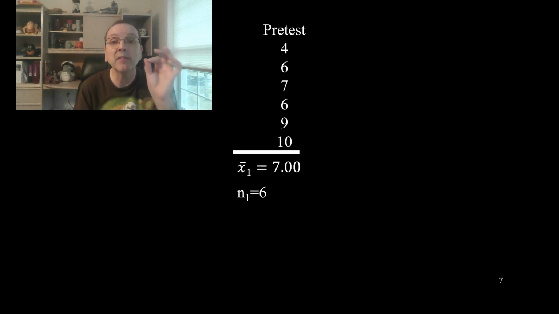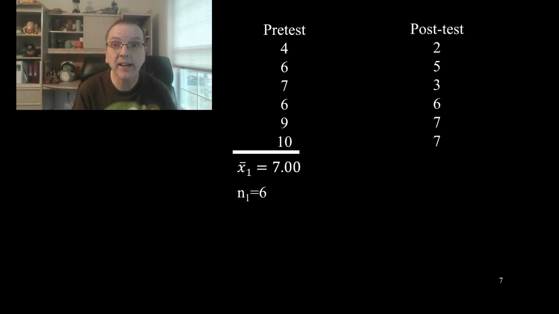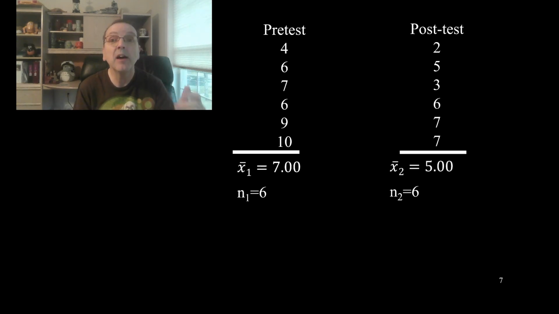That's the mean for the students on their pretest. Then here are the post-test anxiety levels for those same 6 students after they took part in the program. Our n is still 6. So if we add those up and calculate the mean, we get a mean of 5 for the post-test.